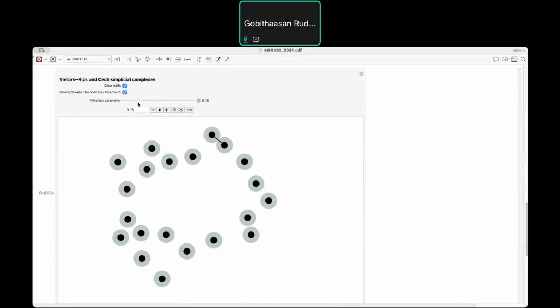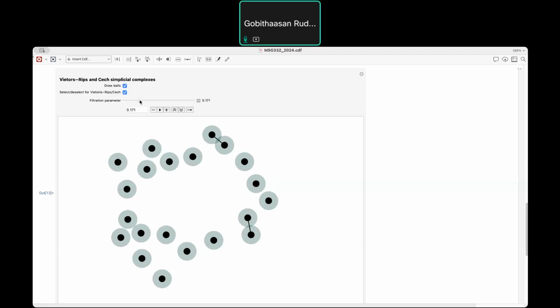When balls intersect, for example at this point here, we draw an edge. Now the edge is connected, and now we have two edges. As we increase the size, these two points become one connected component, so the number of connected components decreases.